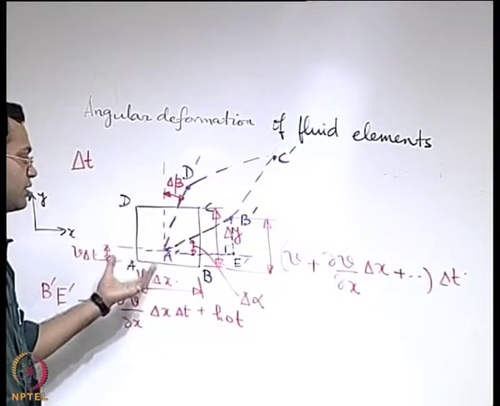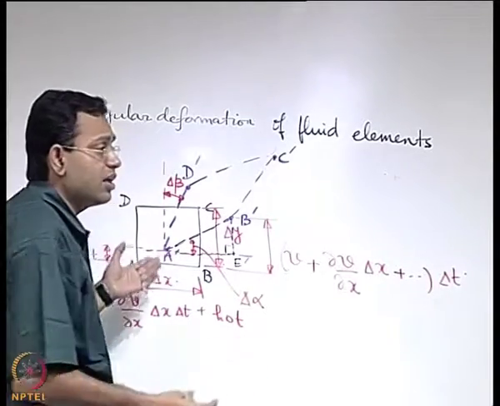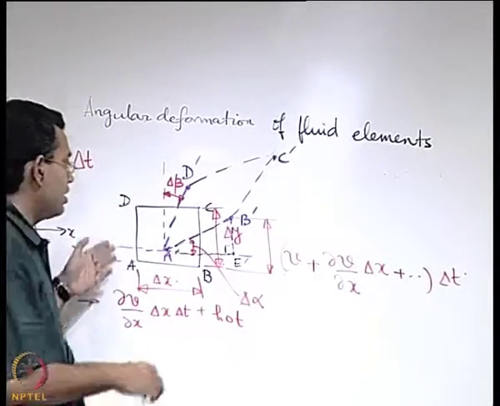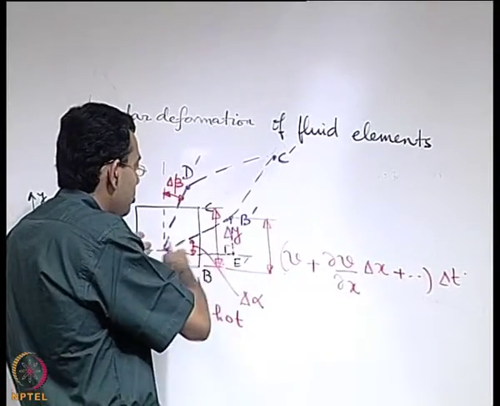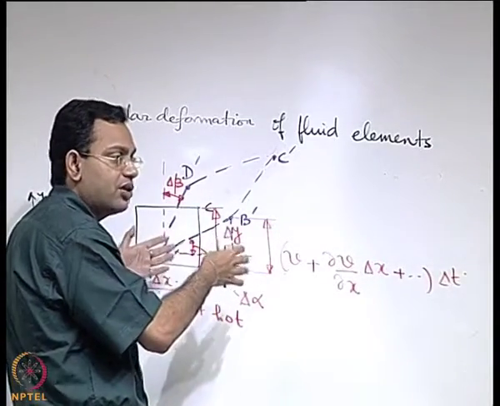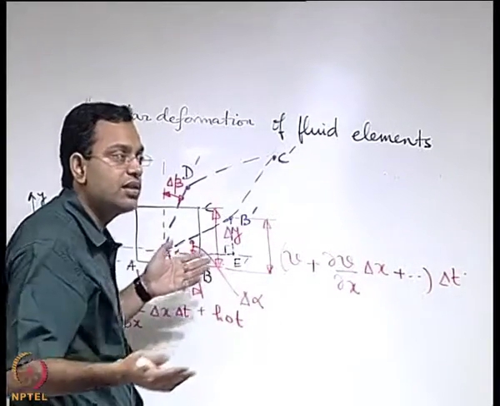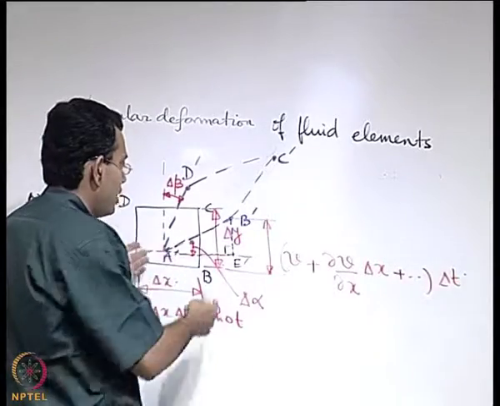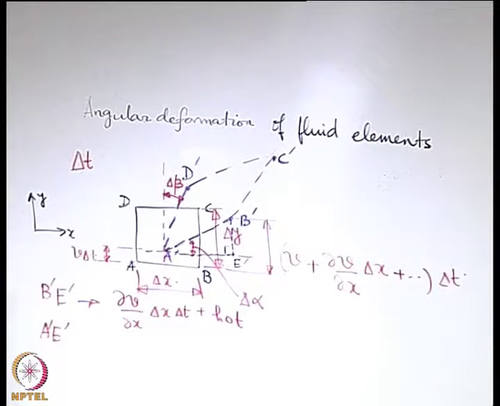It is not exactly delta x, because when the fluid element has got deformed, the component along x gives the linear deformation along x, which is not 0 in general. Therefore, it is actually delta x plus the change in delta x.